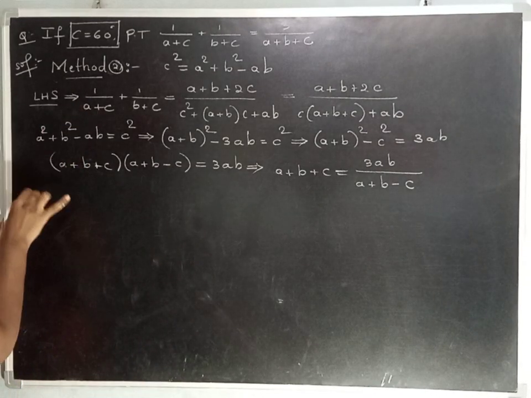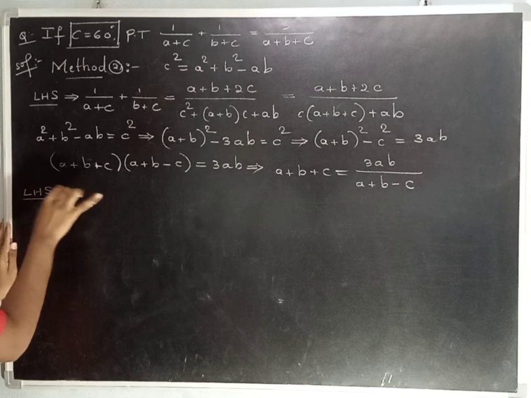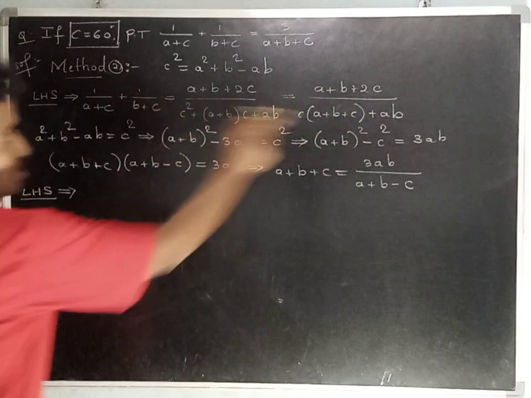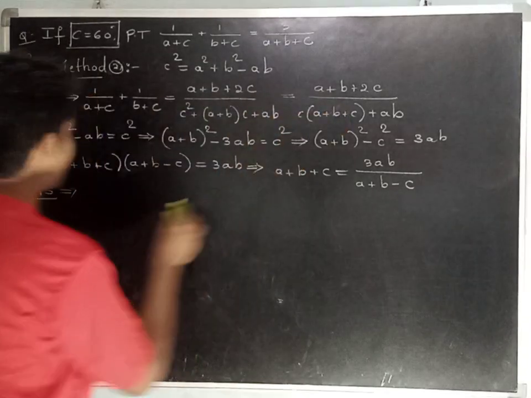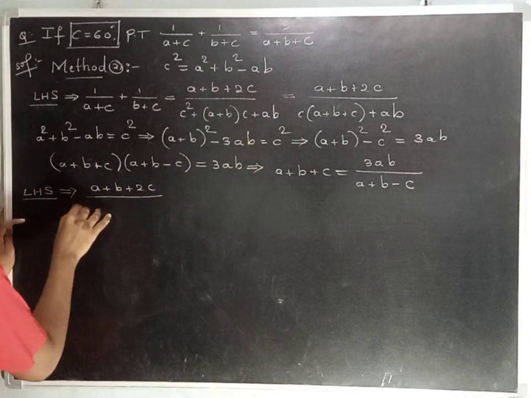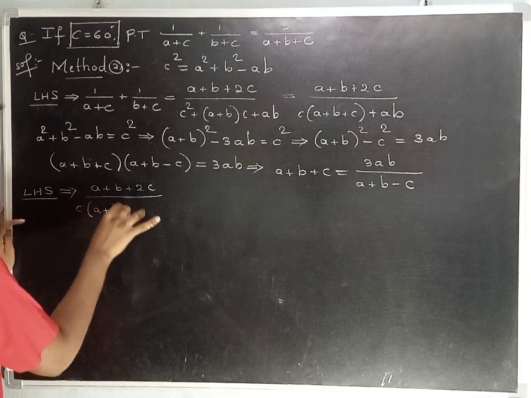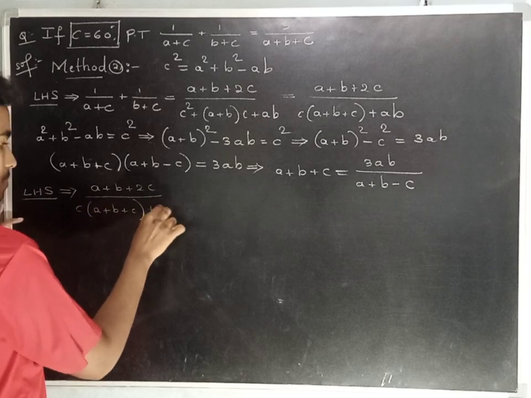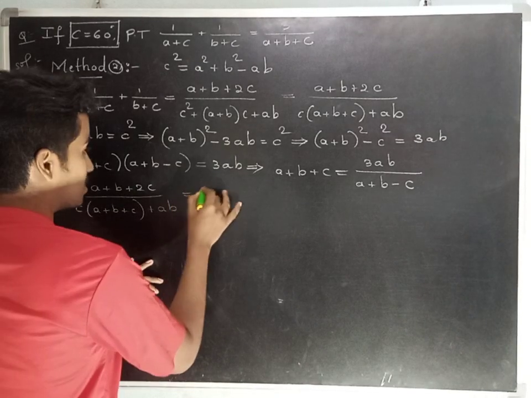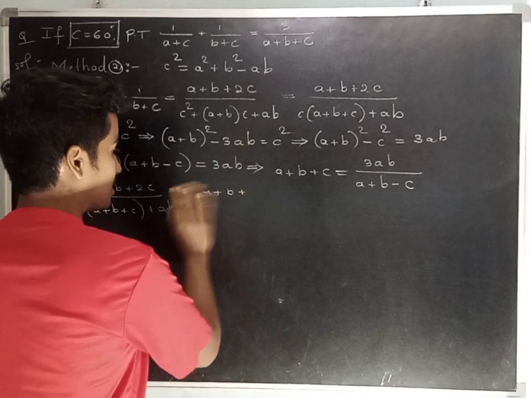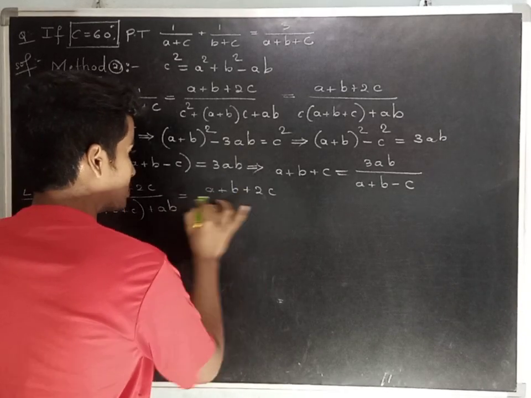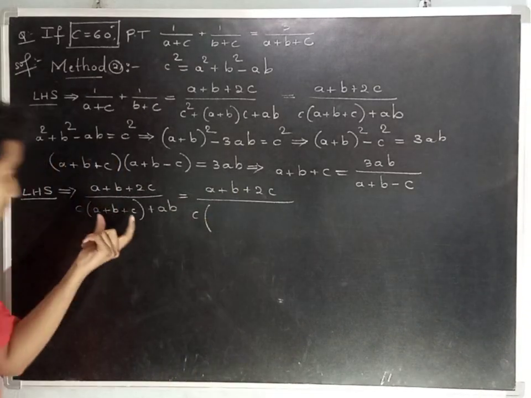So consider the LHS. In the LHS we have got this type. From this, by taking LCM, I have got a plus b plus 2c by c into a plus b plus c plus ab, which is equal to a plus b plus 2c by c into a plus b plus c.